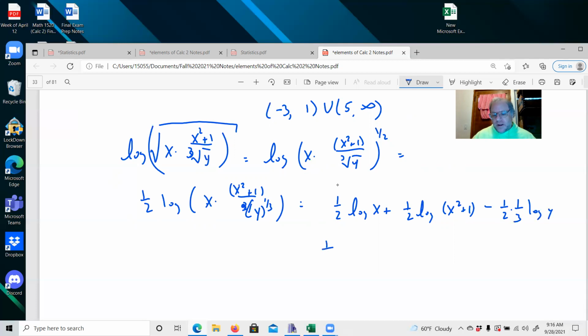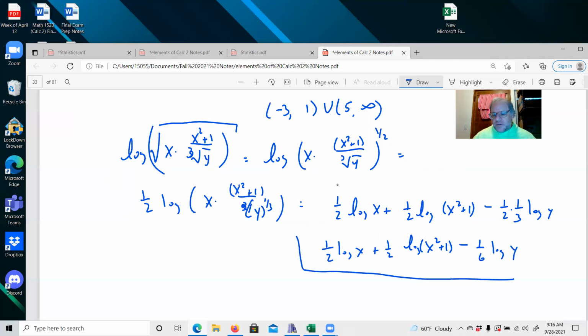So 1/2 log x plus 1/2 log of x squared plus 1 minus 1/6 log y. That's what they want you to do.